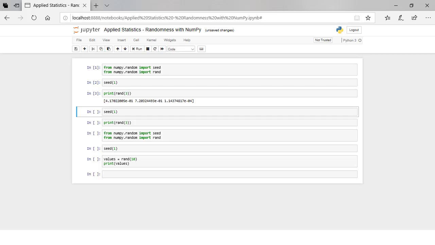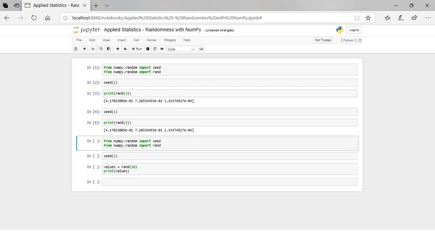The example demonstrates how to seed the generator and how reseeding the generator will result in the same sequence of random numbers being generated. We've seen this before, now we're just doing it with the NumPy pseudo-random number generator. Running the example seeds the pseudo-random number generator, prints a sequence of random numbers, then reseeds the generator, showing that the exact same sequence of random numbers is generated.